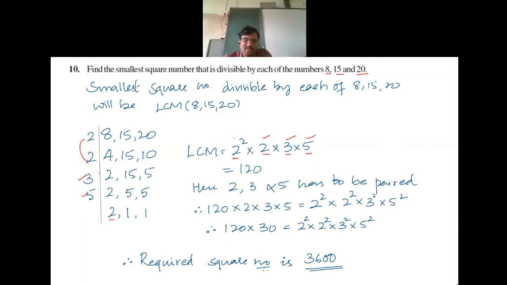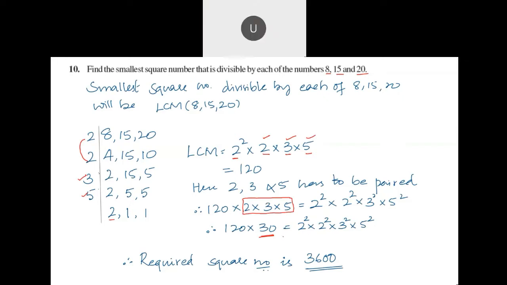How to get 30? 2 multiplied by 3 multiplied by 5. 3 fives are 15, 15 into 2 is 30. Correct. This is the application of the prime factorization method.